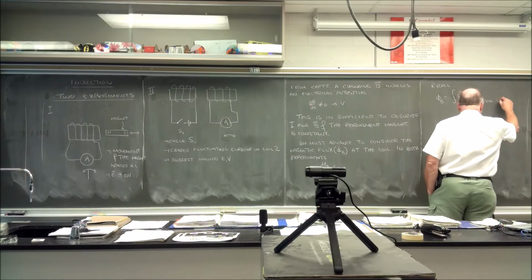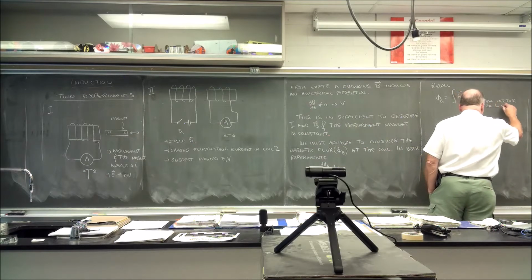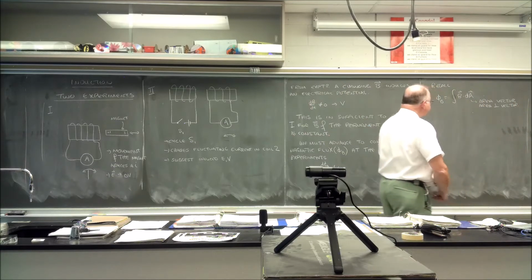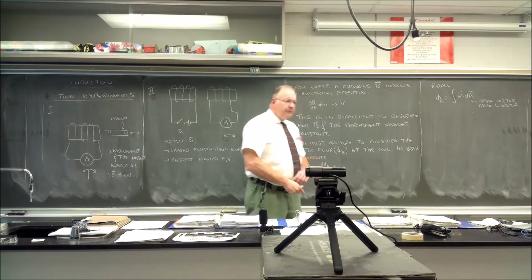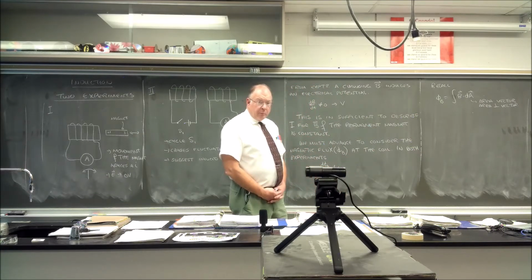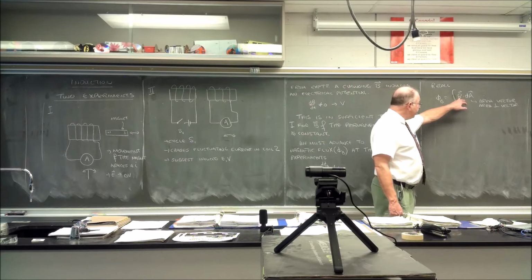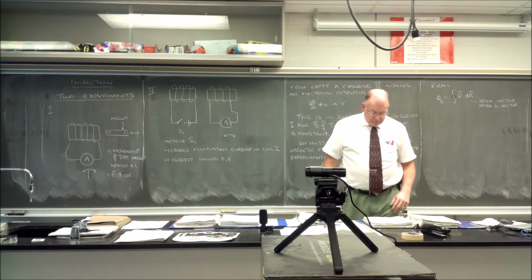It's an area vector, okay? And the area is perpendicular to the surface. So as we know, when the dot product is parallel, it's just straight multiplication. If the area vector is parallel to the magnetic field, then the flux would just simply be BA. It would be very simple.